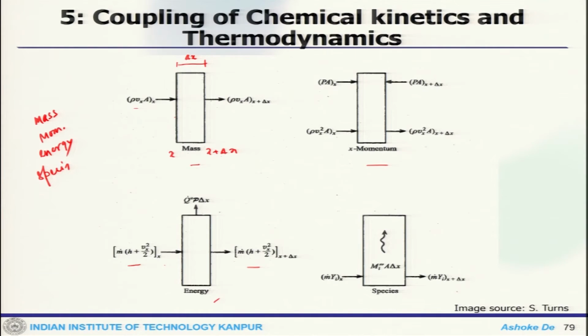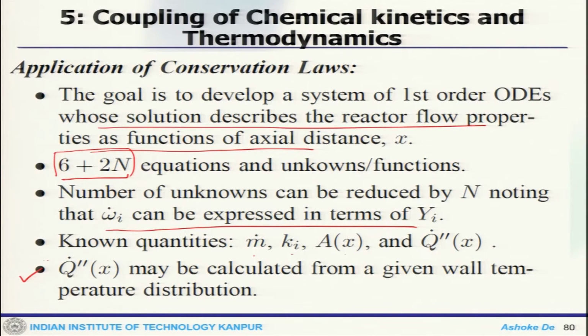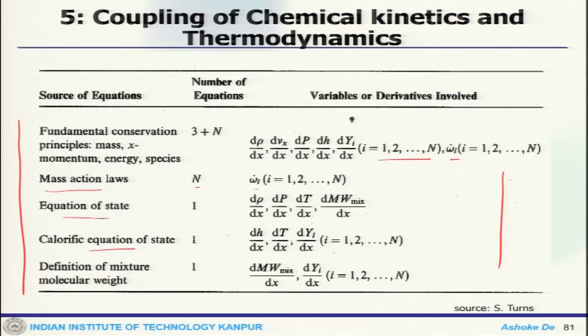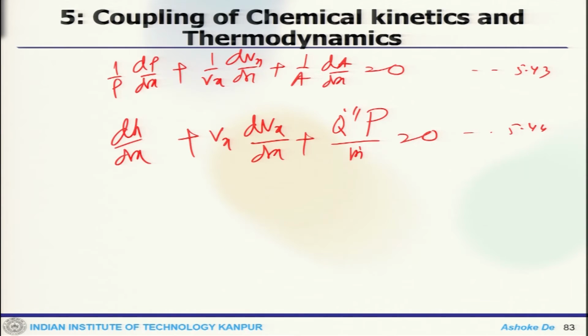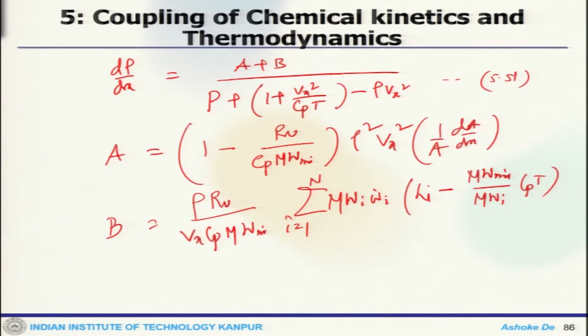If you recall, these are the fundamental equations: x momentum, energy, species, where the species equations number n, plus equation of state, one, and the calorific equation of state. Using this concept we started this set of equations.